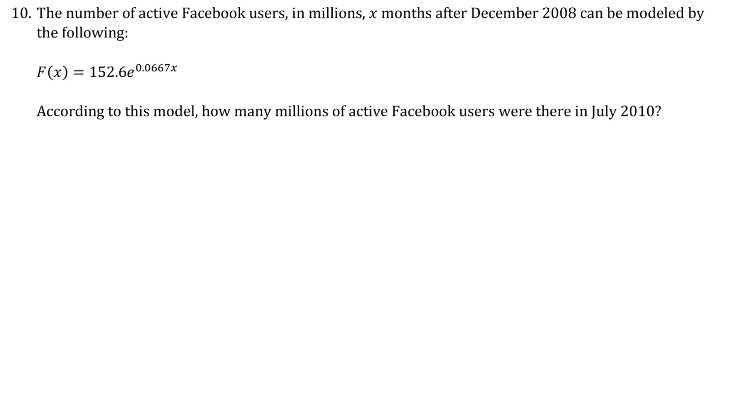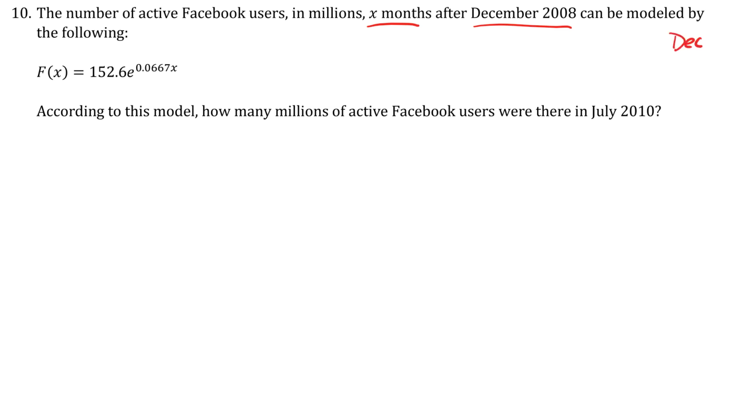All right, so for this one, x is in months starting December 2008. So we need to know how many months after December 2008 is July 2010. Let's get to the next July first, and then we can just add 12 to that to go up an entire year.